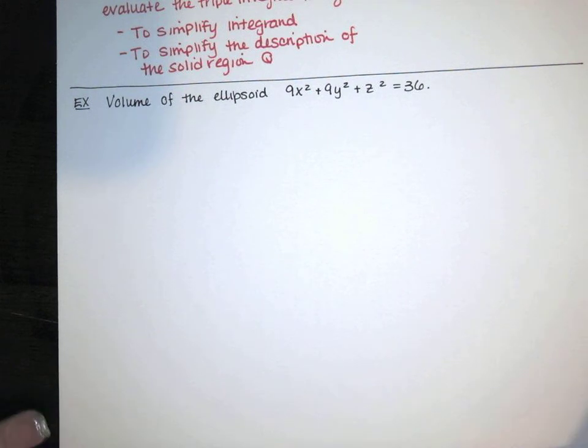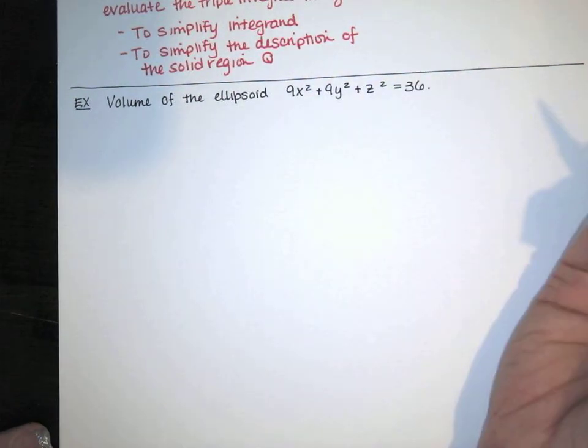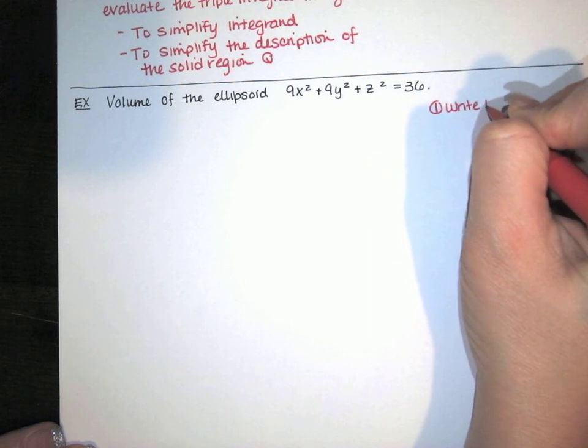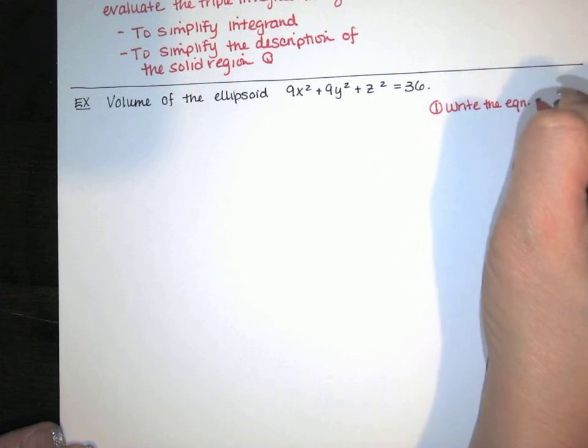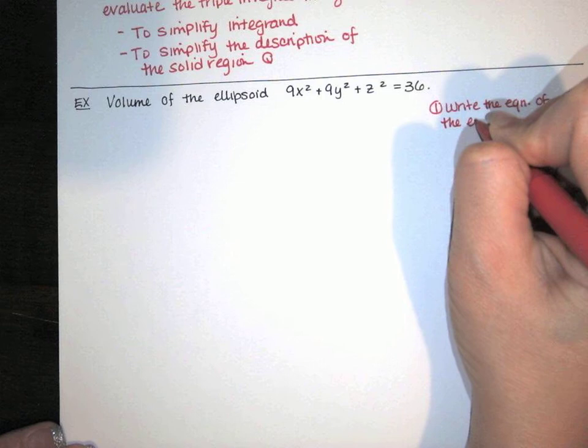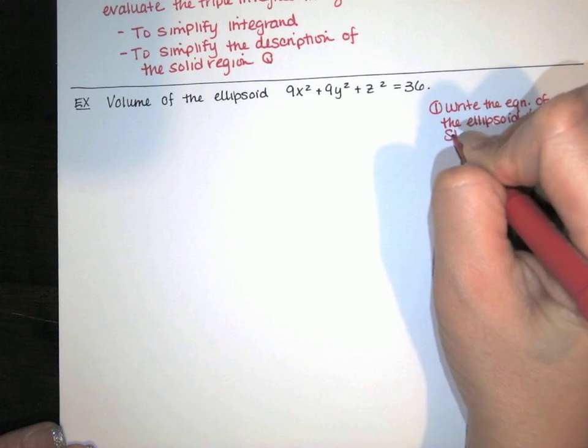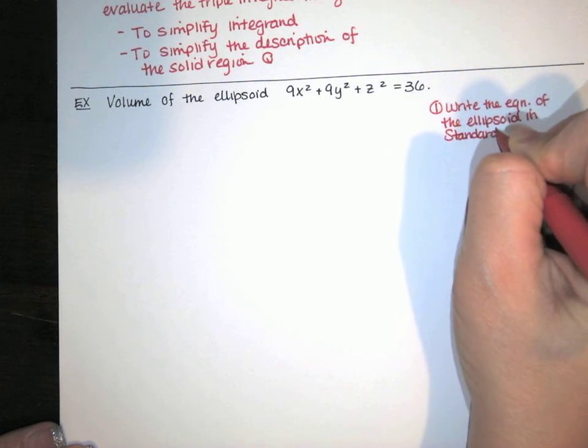And in order to graph it, it would be best if I wrote this in standard form. So let's write the equation of the ellipsoid in standard form, and then graph it.